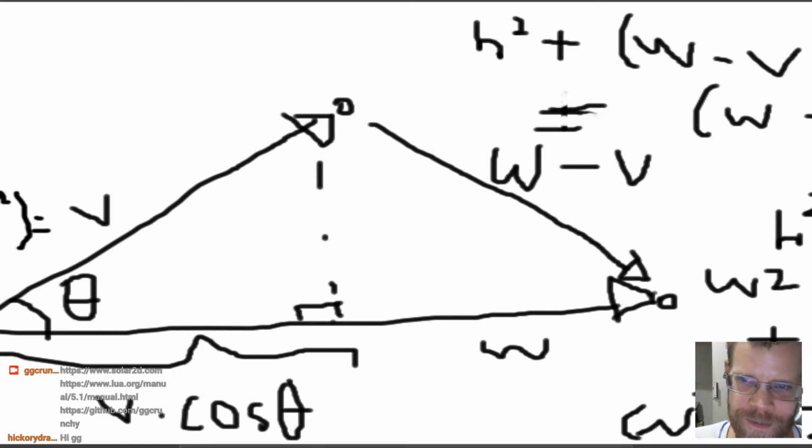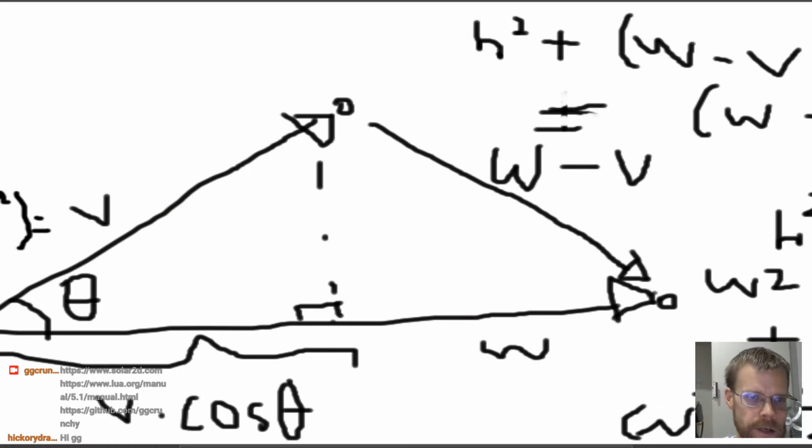I'll try to find a better process to do this, but in the meantime, now we also have V squared (1 minus cosine squared) on this side, because we can subtract it over here, right? So we can hoist it up. This is also V squared cosine squared. So we can bring it to the other side of the equation. We'll have V squared (1 minus cosine squared) again.